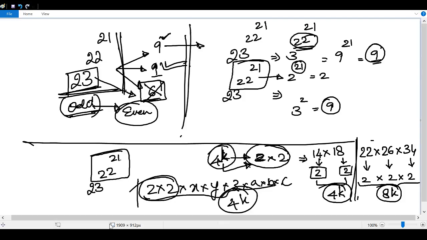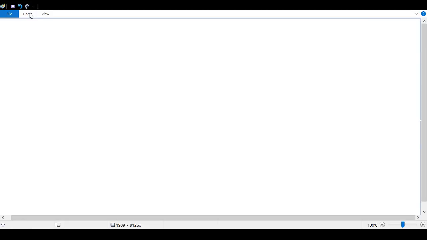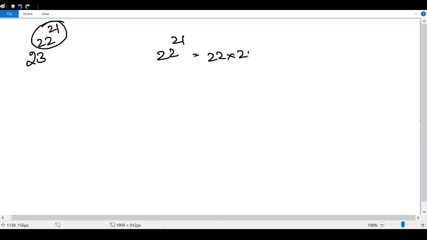Do you all understand this? So if you have understood this, coming back to what we were doing, 23 to the power of 22 to the power of 21, when I look at 22 to the power of 21, it means I am saying 22 into 22 into 22 into 22 and so on.